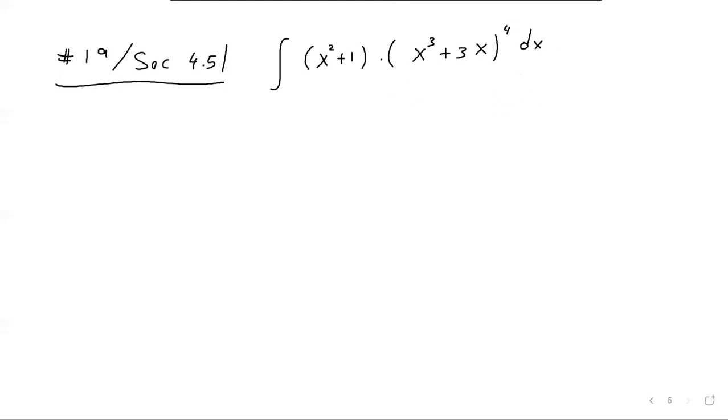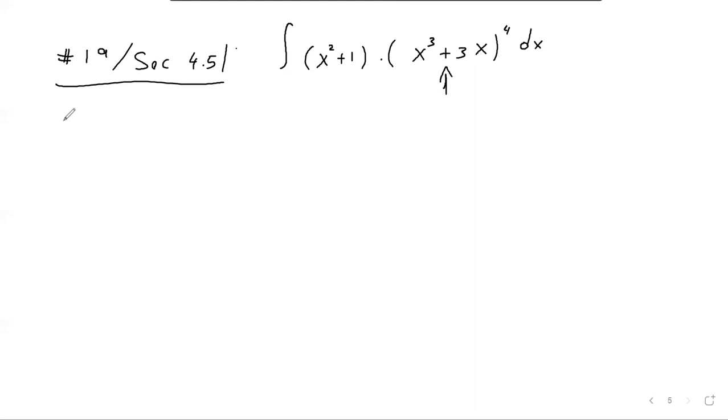So, well, here's what we have, folks. We got this power. Do we recognize the power? There we go. So there's the power right here, x cubed plus 3x to the 4.